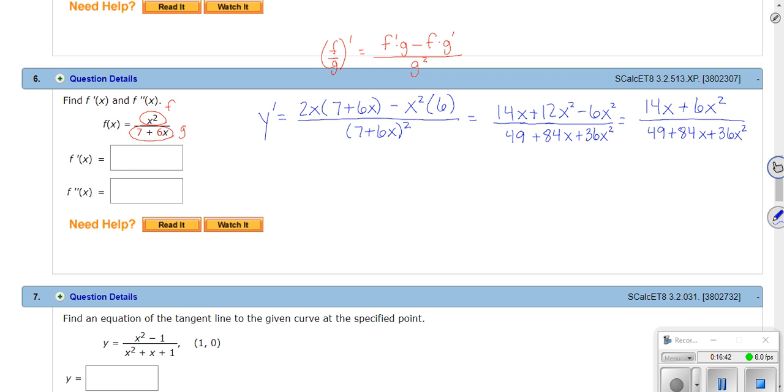Now, that should give you your first derivative. You could do this again. I'm not going to take the time, but you could do this again to find your second derivative. Take the derivative of the first derivative. Okay, that's all you got to do there.